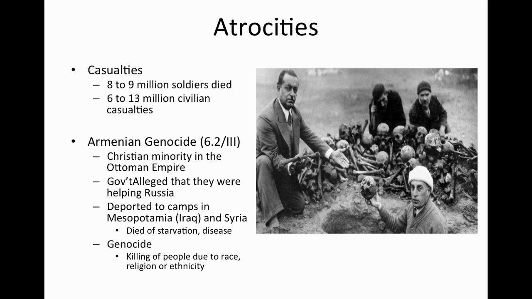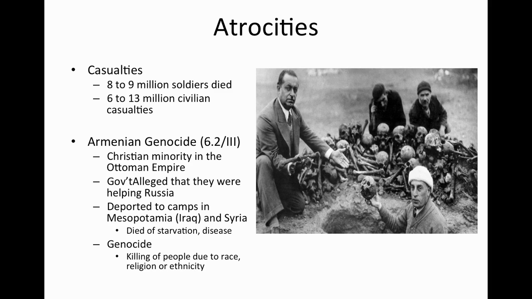And there was also a genocide. People overlooked this genocide, but the Ottoman Empire went after the Christian peoples. There was tolerance for many years, but that would change over time. And these Christians were massacred.